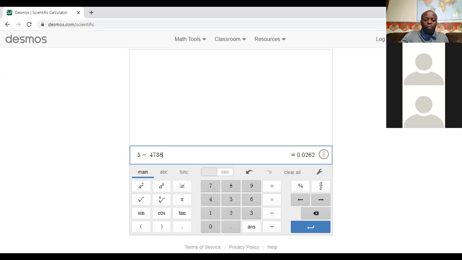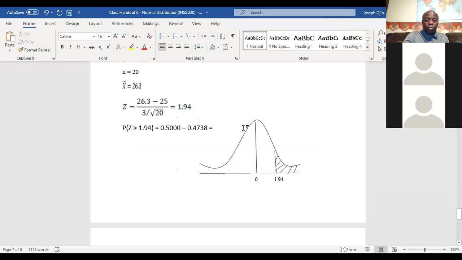So going back to put it on the chart, you have 0.0262.